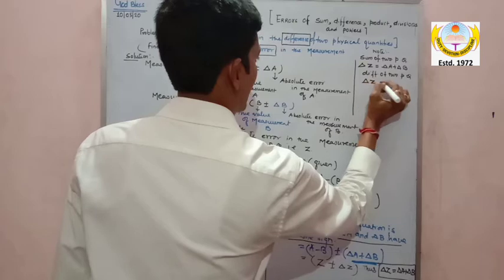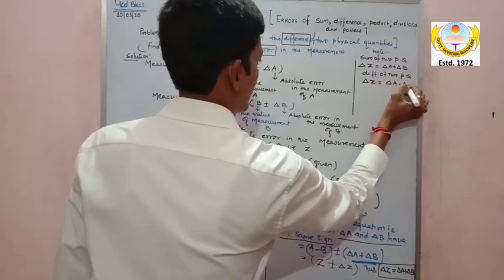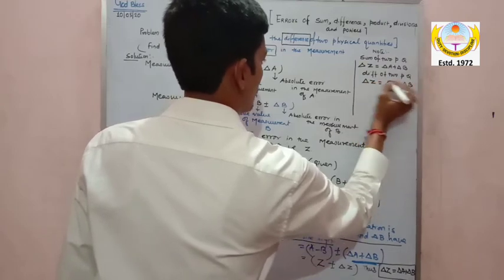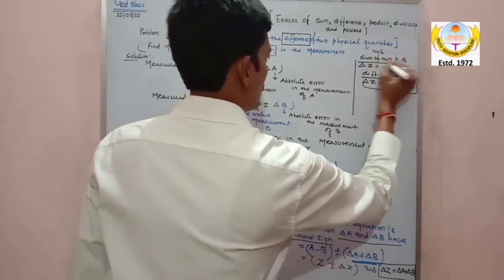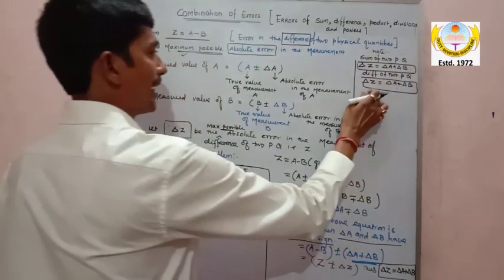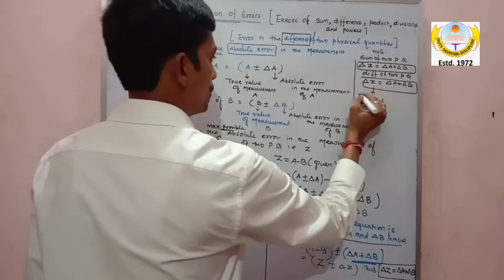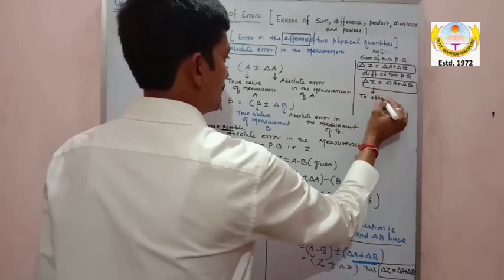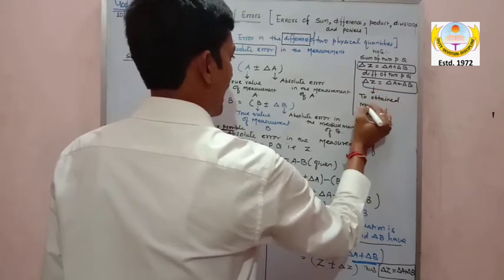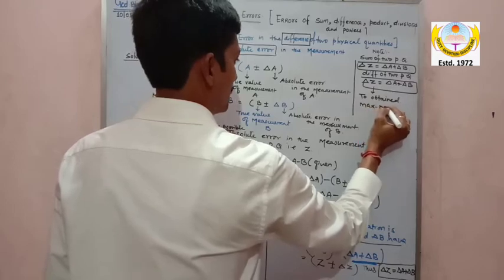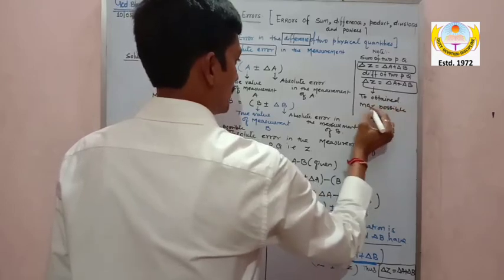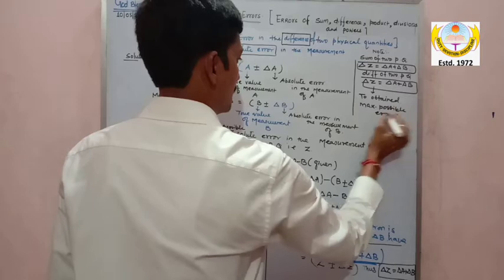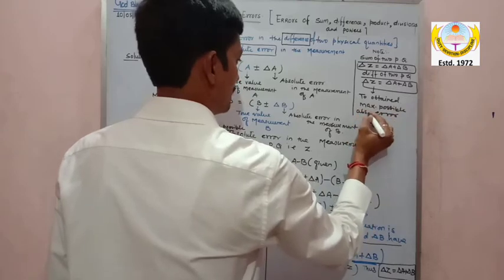Error will be delta Z is equal to delta A plus delta B. Then only I can obtain the maximum possible error, absolute error.